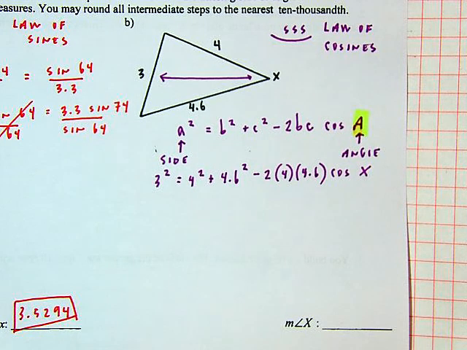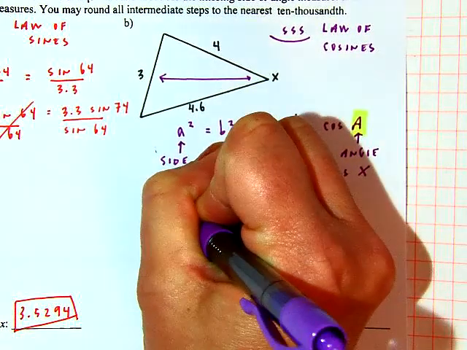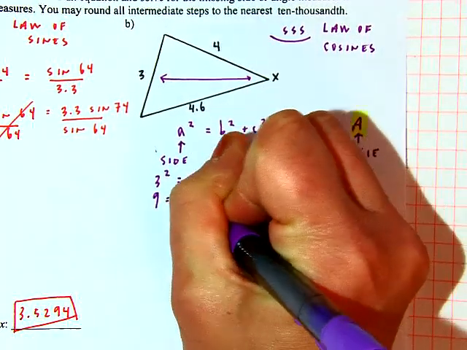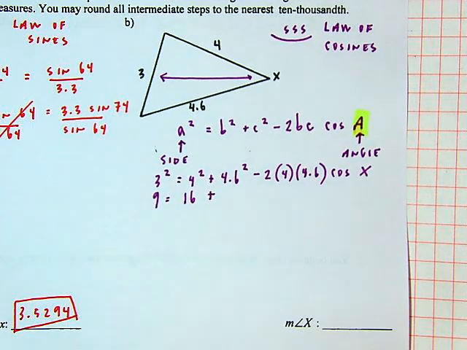So now it becomes an algebra problem, and I have to get that cosine x part by itself. All right, so here I have 3 squared. I got to do that part first. So here I'm looking at 9, and that is equal to 16 plus 4.6 squared, which is 21.16.